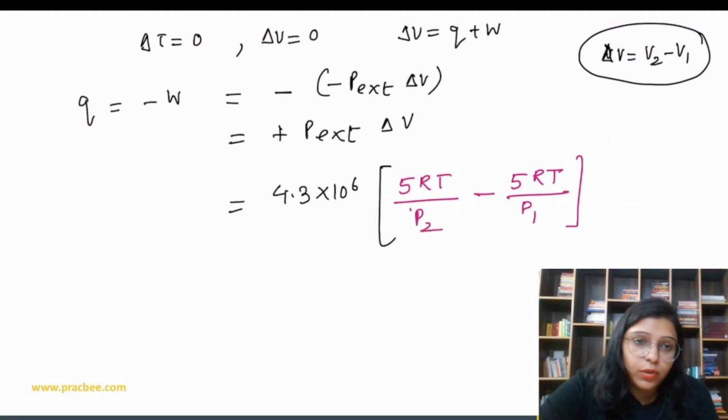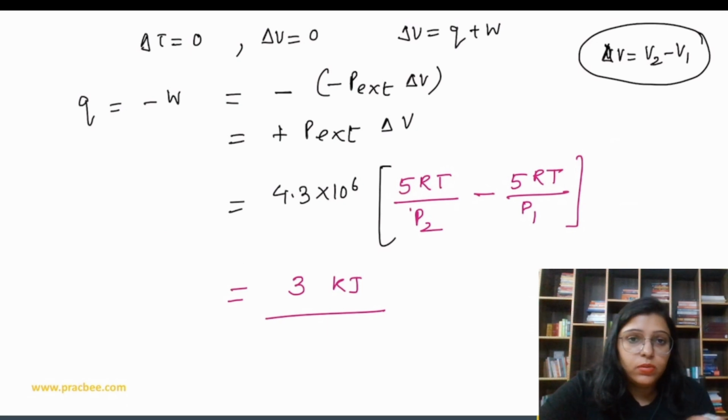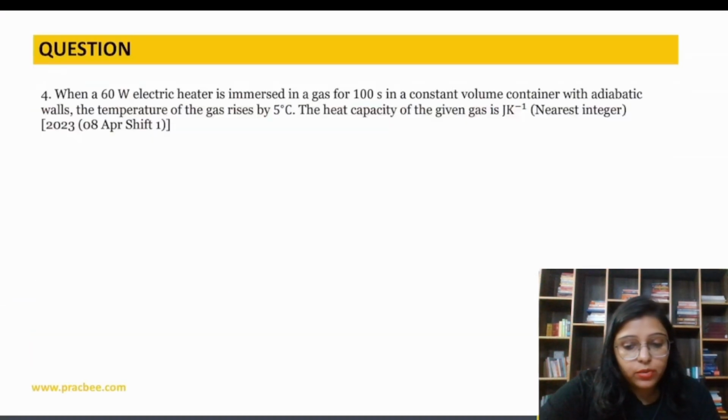Now you have to put the values over here, and when you put the values and solve, you get the answer as 3 kilojoules. So please do the calculation at home. P1 is given, P2 is given, the value of R is given, temperature is given, everything is given. You just have to solve this. Clear? That's it. Now let's do the next question.